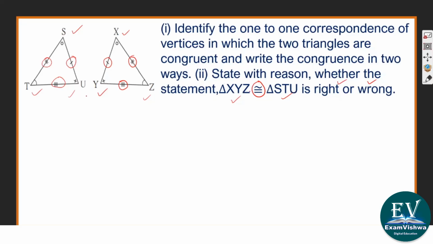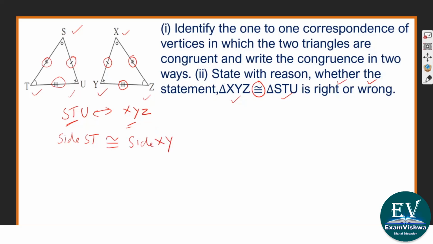If I try to write STU corresponds to XYZ, I should be in a position to reason. If I write in terms of congruence, if I have to write side ST, in the first triangle I have taken these two, then I should take it as congruent to side XY.